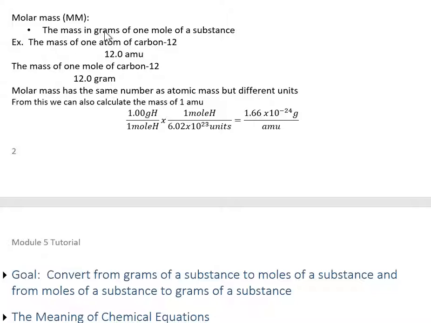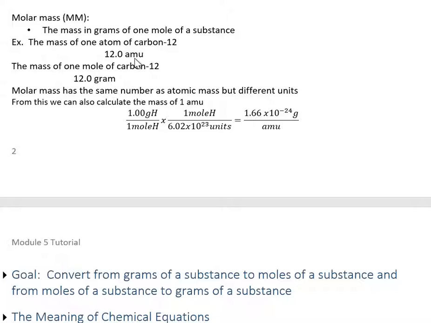And so you can read off the periodic chart. If you know the atomic mass units, you can say something about a mole of those atoms. So, for example, we could talk about the mass of one atom of carbon-12. Carbon-12 is one specific isotope of carbon, all right? And carbon-12 has exactly 6 protons and 6 neutrons, and they have a mass of 1 AMU each, and so we end up with an atomic mass of that particular isotope of carbon of 12.0.